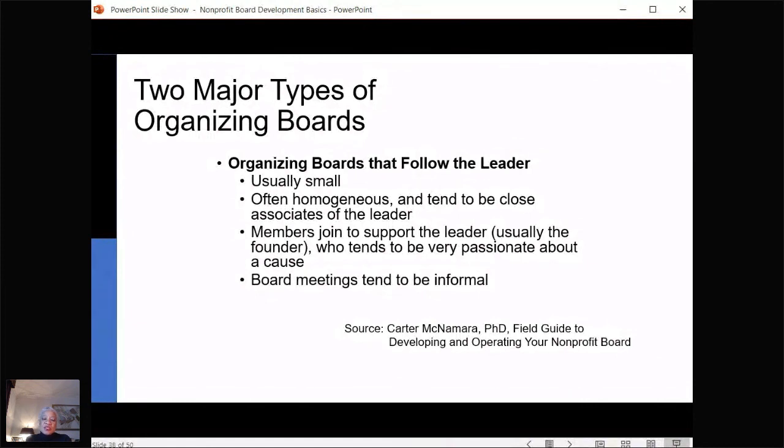So these are usually small organizations, small boards, and they're often homogeneous, meaning they have very similar backgrounds and they tend to be close friends and associates of the leader, the founder. And the members join to support the leader, and that's usually the founder. And the founder tends to be very, very passionate.